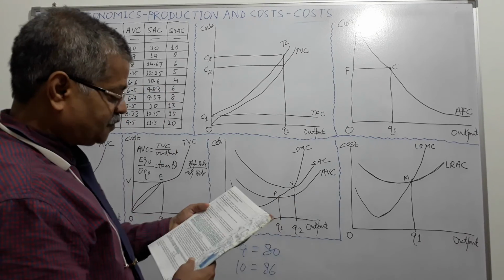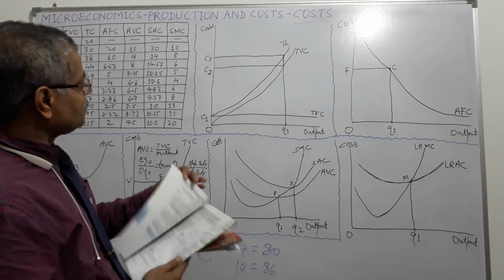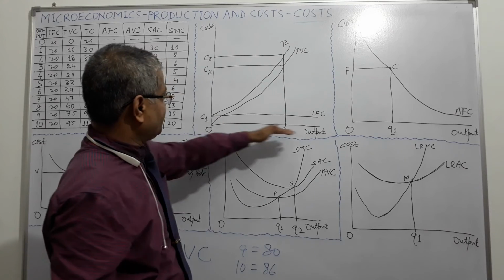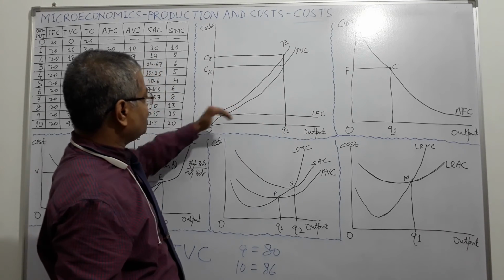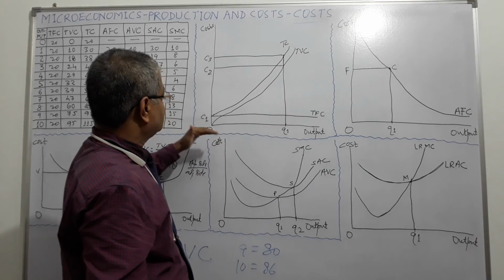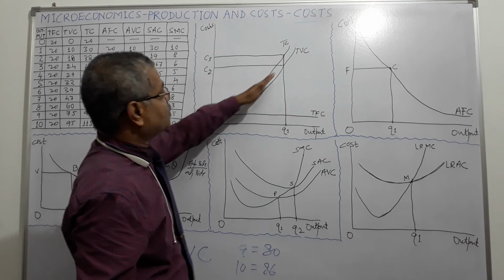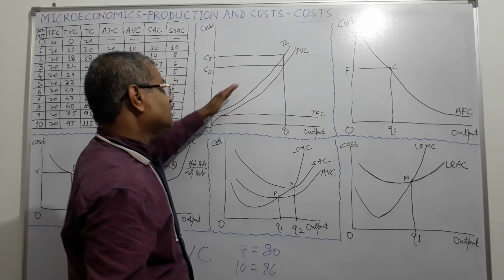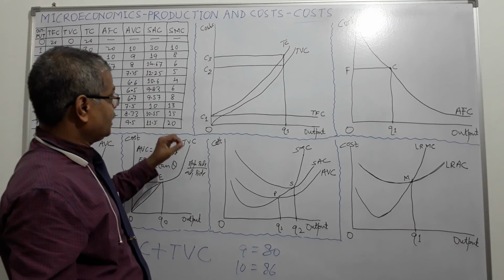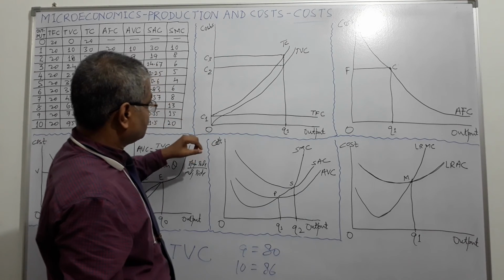And this curve we have seen. What is this curve? This curve shows total cost, with quantity as output. In the short run, total fixed cost remains the same. It doesn't change. With increase in output, total variable cost goes up, and simultaneously total cost also goes up. And what is total cost?